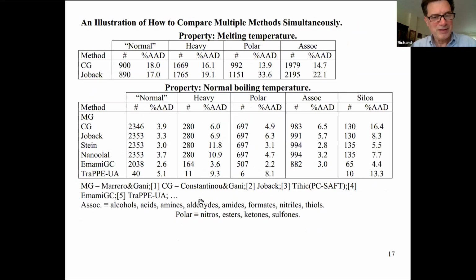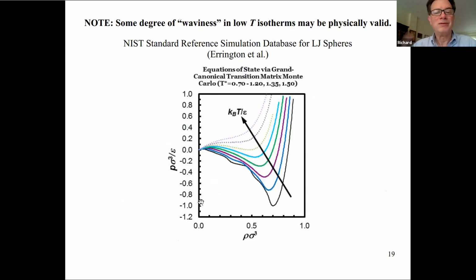A couple of things. Oh, one last thing I wanted to point out. These are molecular simulations of the Lennard-Jones spheres at conditions that are inside that van der Waals loop. And so what I wanted to show you is that the molecular simulations show that if you get down to a low enough temperature of 0.7 T star, which is about 0.5 reduced temperature, you do start to see this kind of waviness in your van der Waals loop.